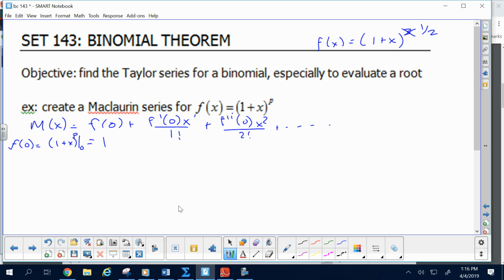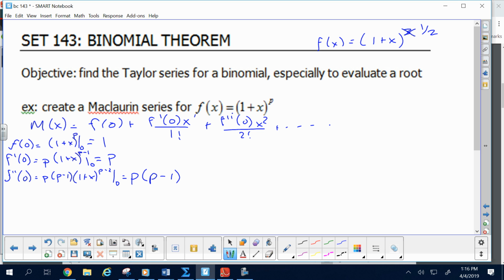Okay? F prime at 0 is p times 1 plus x to the p minus 1, evaluated at 0. Evaluated at 0, that is p times 1. F double prime at 0 is p times p minus 1, times 1 plus x to the p minus 2. Evaluated at 0 is p times p minus 1.